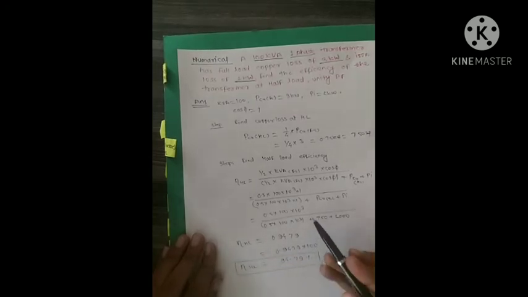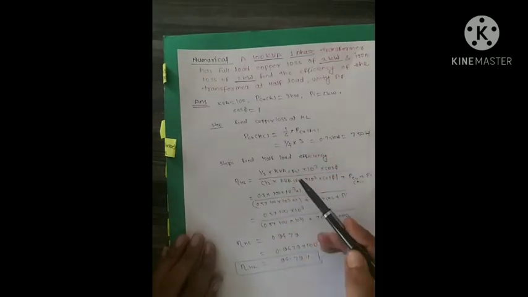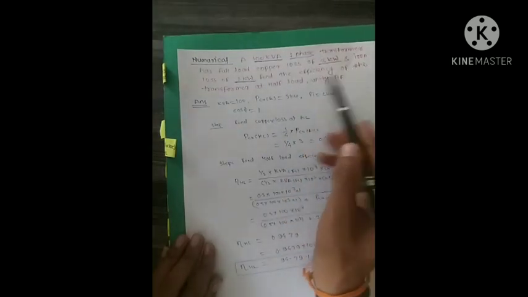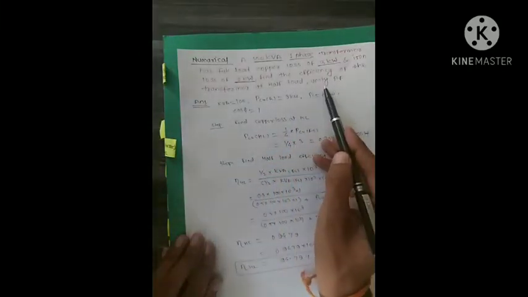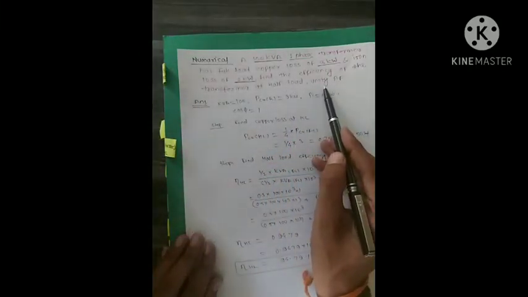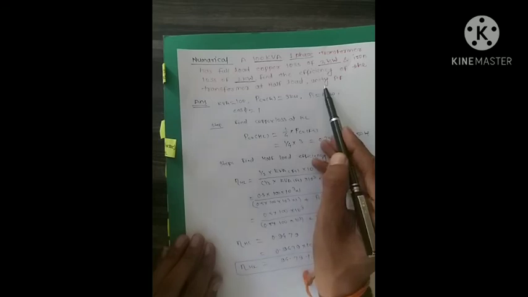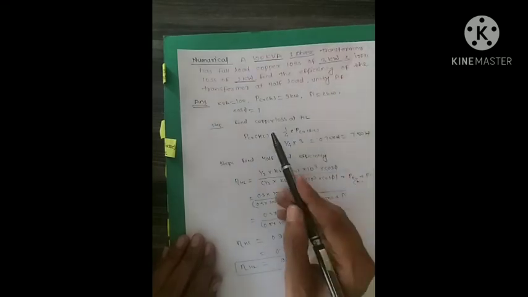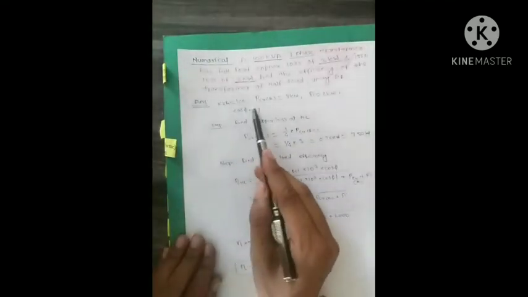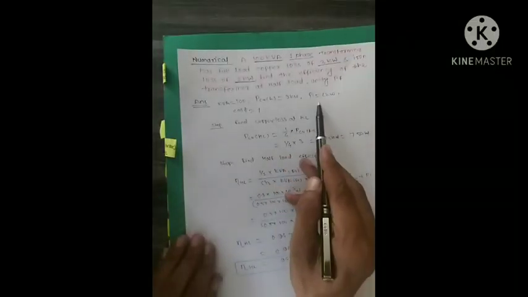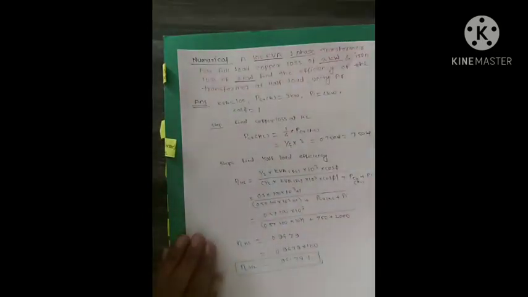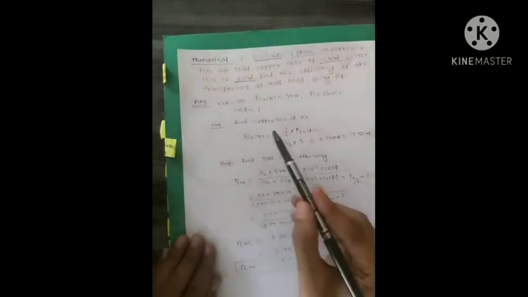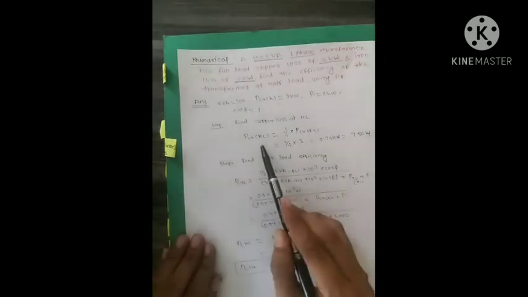So what were we asked to calculate? We have to calculate the efficiency of the transformer at half load and unity power factor. Here we calculate the efficiency at unity power factor, but the load is half load. What is given? kVA is 100, PCU is 3 kilowatt, PI is 2 kilowatt, cos phi equals 1, and first of all we calculate the copper loss at half load.